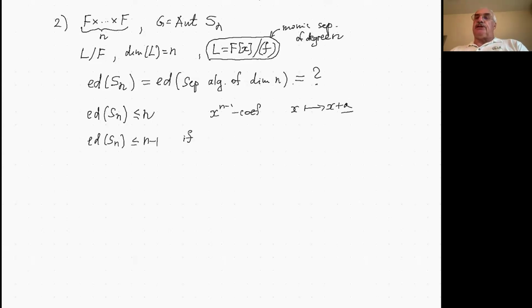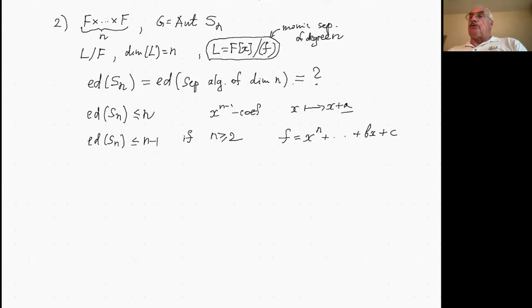And in fact, if n is at least 3, you can even do better. If you take this monic polynomial, look at the last two coefficients, say b and c. Scaling x, multiplying x by a scalar, you make those equal.